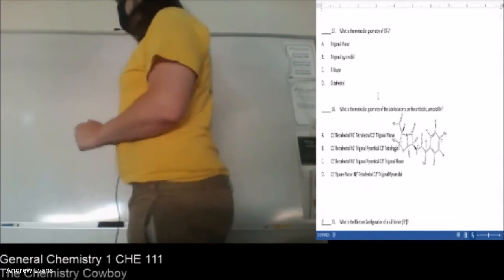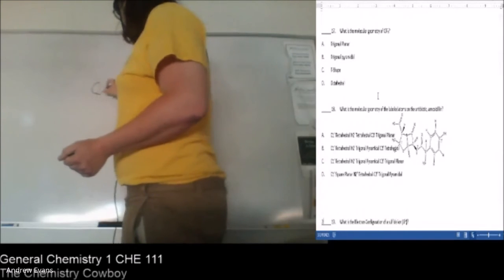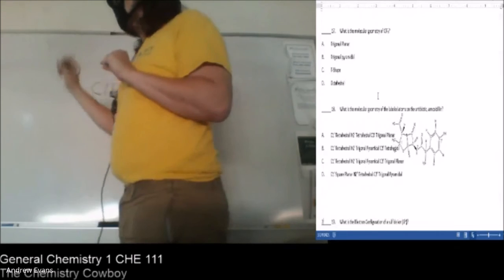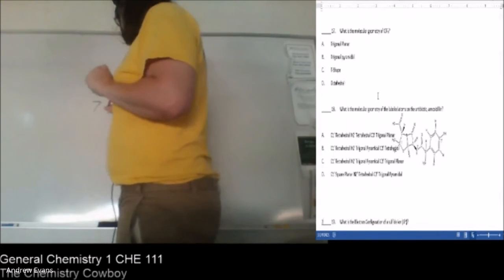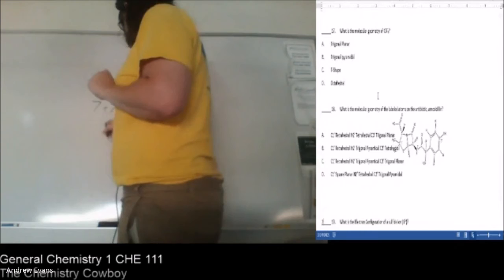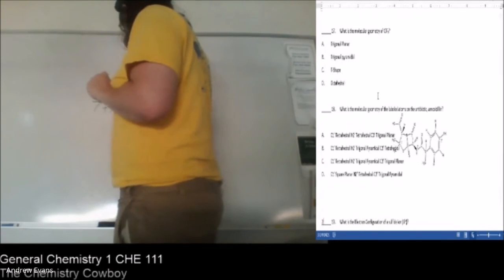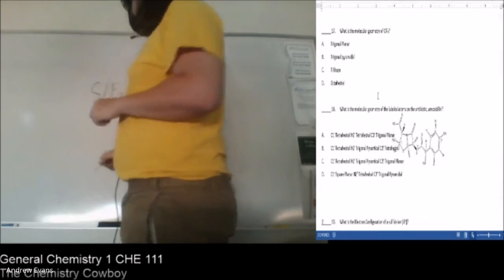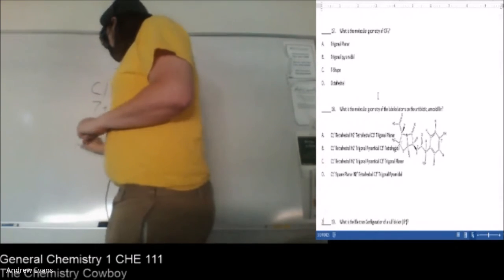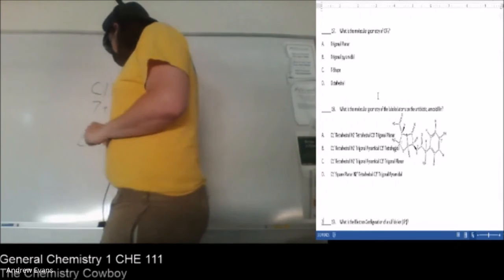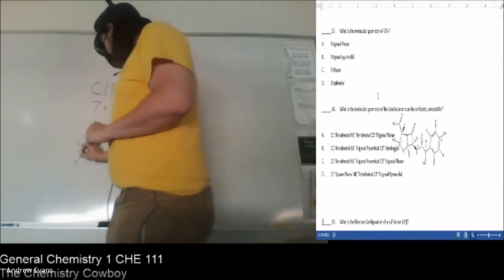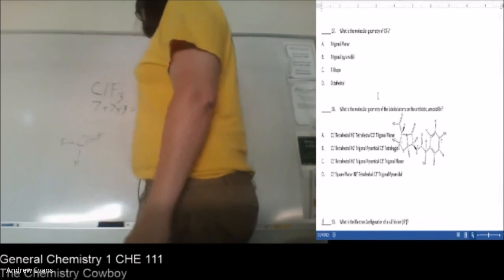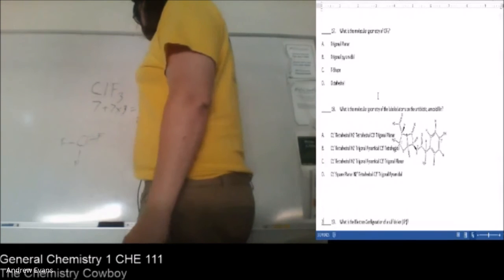Draw along with me. So ClF3. Cl has 7 electrons. Fluorine also has 7 electrons. We're going to have 28 electrons to deal with. We put chlorine in the center. We use 6 electrons to make our 3 bonds. 28 minus 6 is 22.